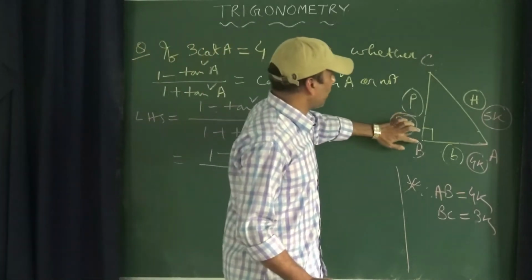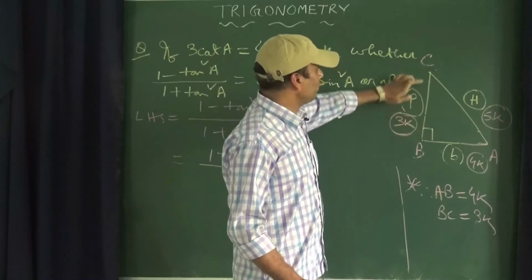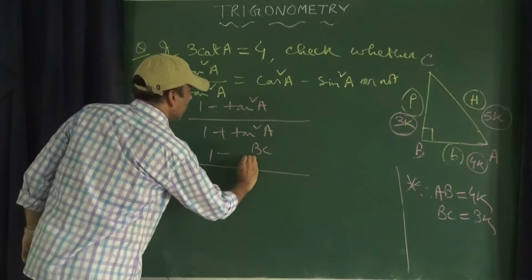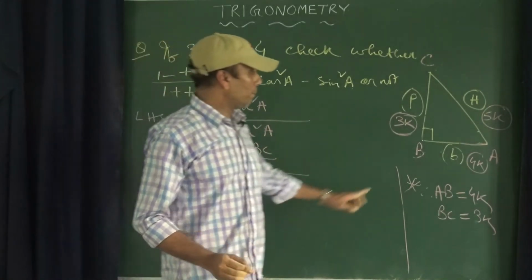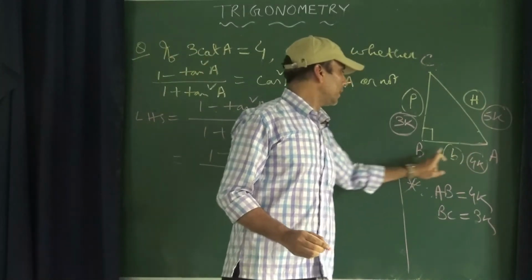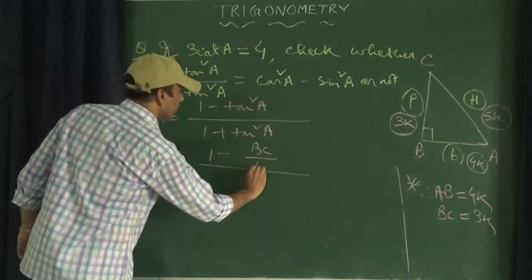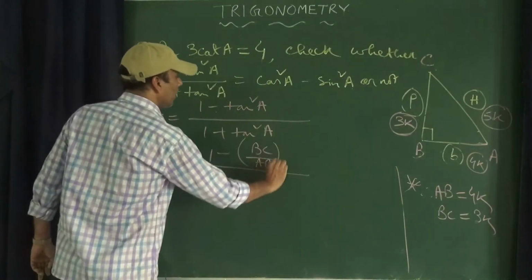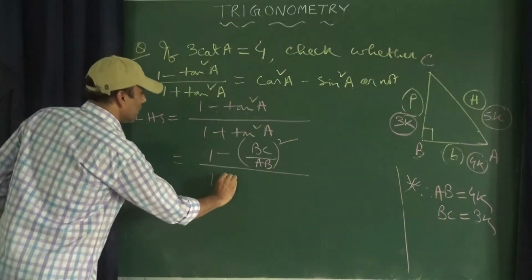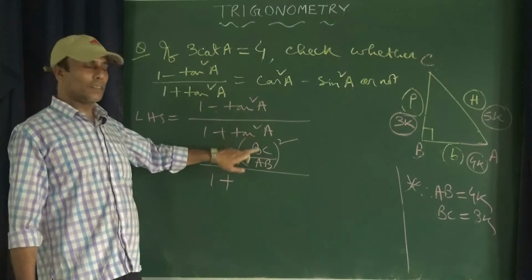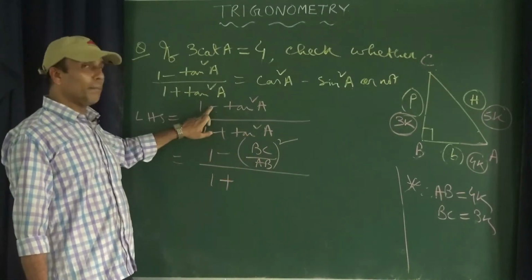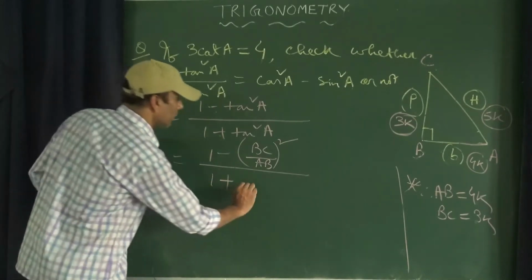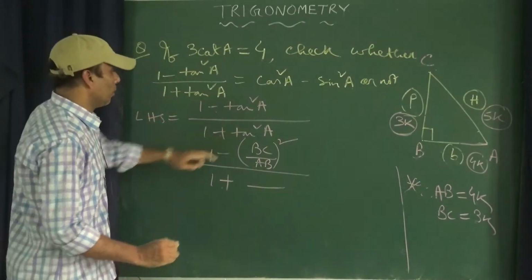Perpendicular is BC and base is AB. So BC by AB, and since tan square is there, we write BC by AB whole square. Similarly, the denominator is the same as the numerator, the only difference being minus in the numerator and plus in the denominator. So plus BC by AB whole square.